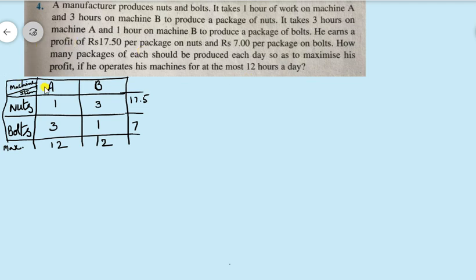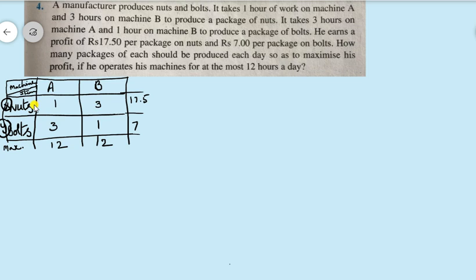So we have machine A and machine B, and two types of items we are producing, nuts and bolts. Here I am assuming we are producing X packets of nuts and Y packets of bolts to get the maximum profit. What is being said in the question?